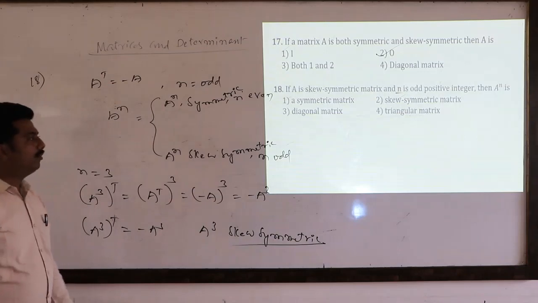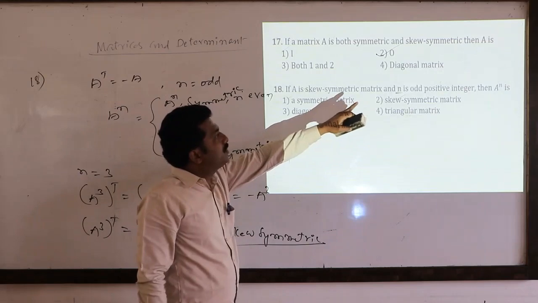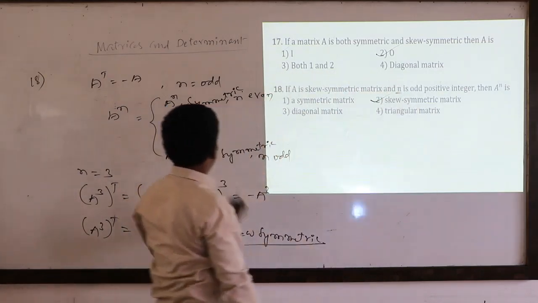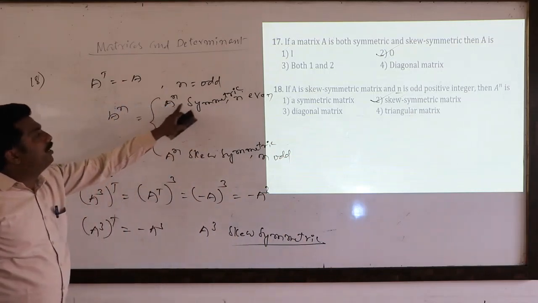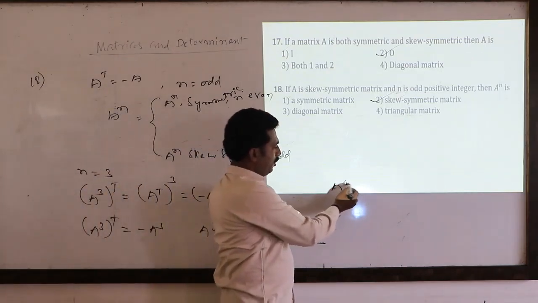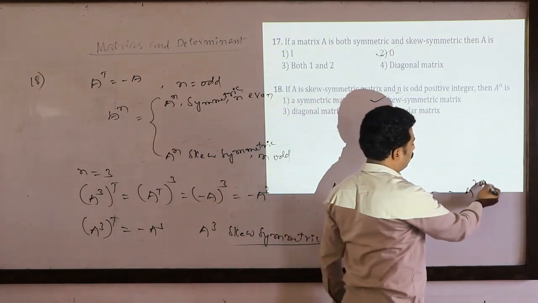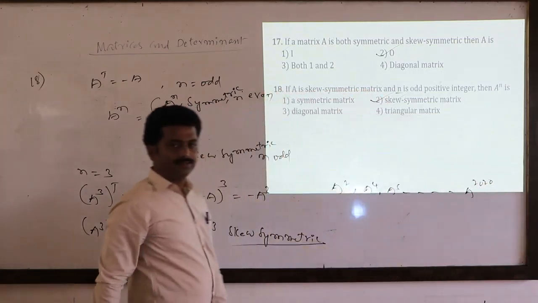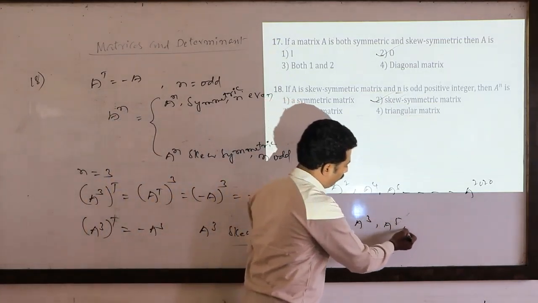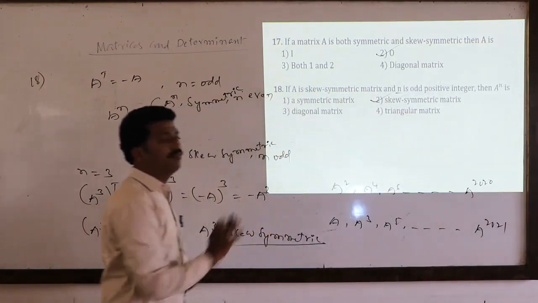So you remember, if A is skew symmetric and n is an odd positive integer, A power n is also skew symmetric. Suppose n is even, A power n is a symmetric matrix. So you remember, A square, A power 4, A power 6 and so on, A power 2020, these are all symmetric matrices. A cube, A power 5 and so on, A power 2021, these are all skew symmetric matrices.